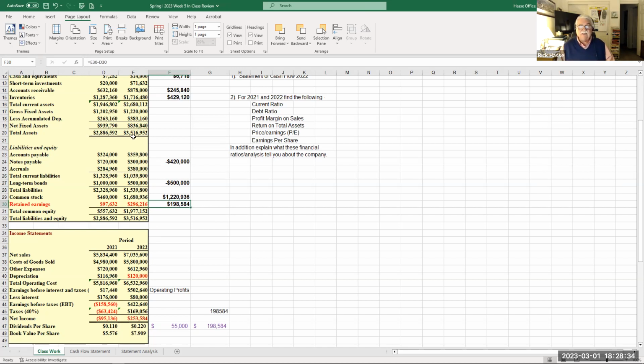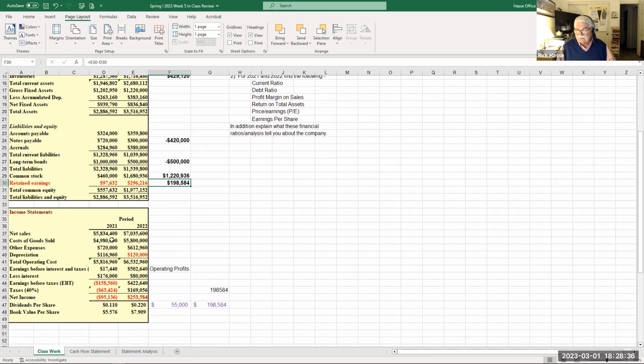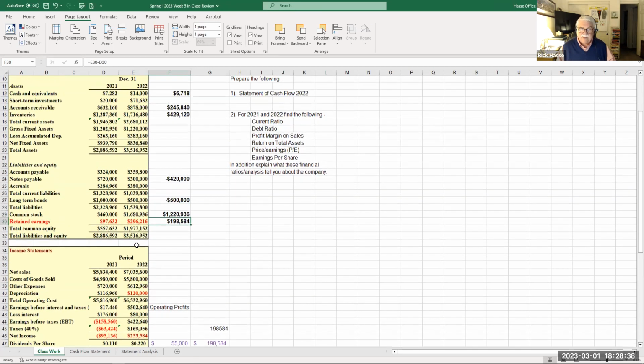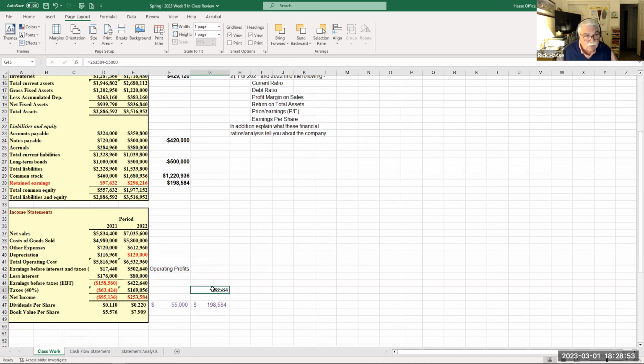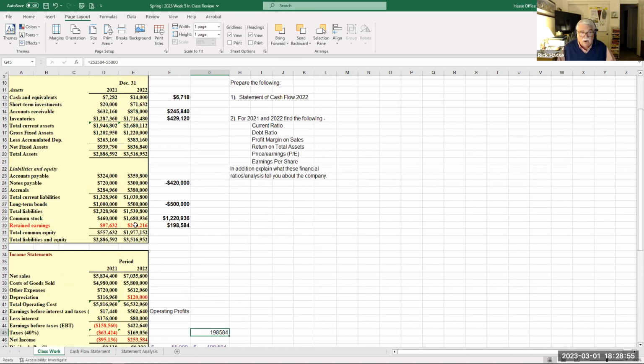That's where the income statement, a statement of a year's operations, meets the balance sheet, the statement of balances on a given day. So on December 31st, 2022, the company had accumulated $296,216, which was the result of all the revenue and expense and dividends accumulated over its life into the future. So that's the balance sheet and the income statement.